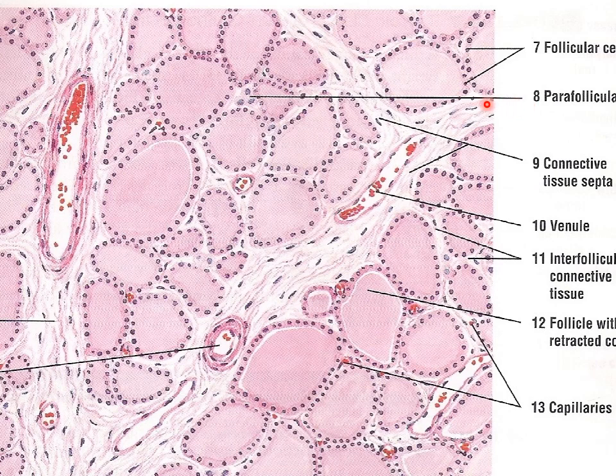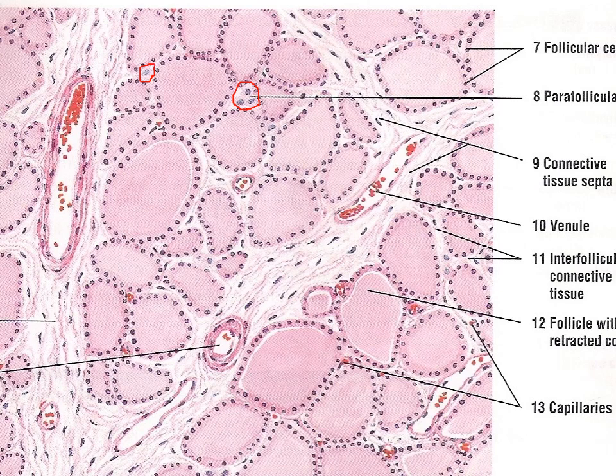These are the parafollicular cells. These parafollicular cells are larger cells compared to the thyroid follicular cells, and they are present within the basement membrane or basal lamina of the thyroid follicular cells.